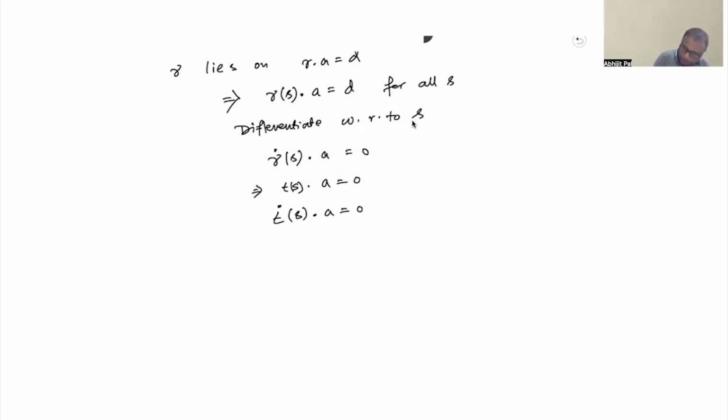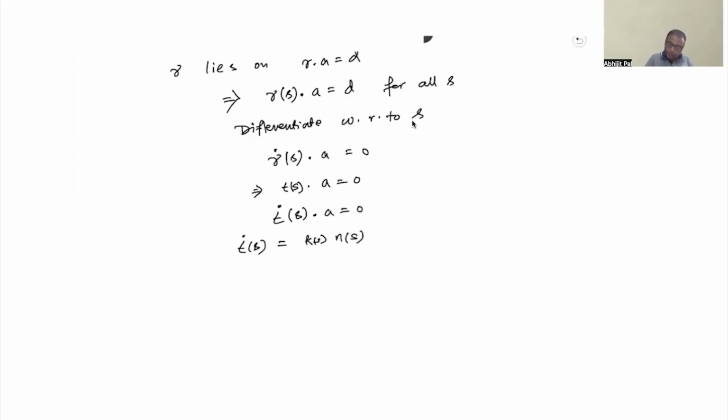But we know that T dot of s is equal to kappa of s times N of s, where N of s is the unit normal vector.